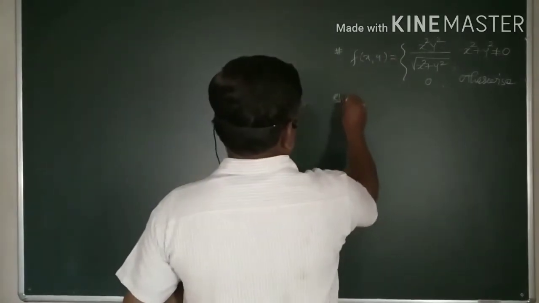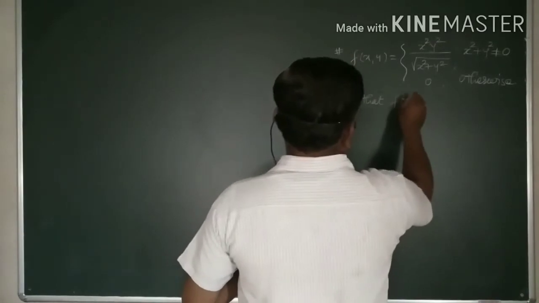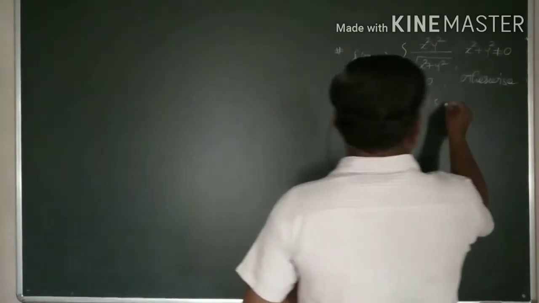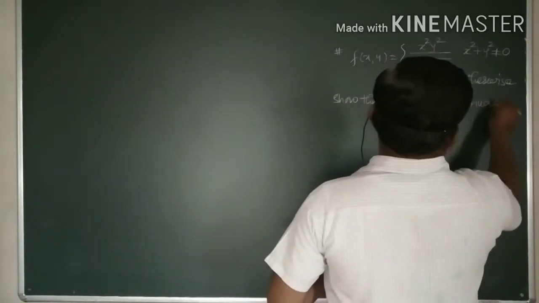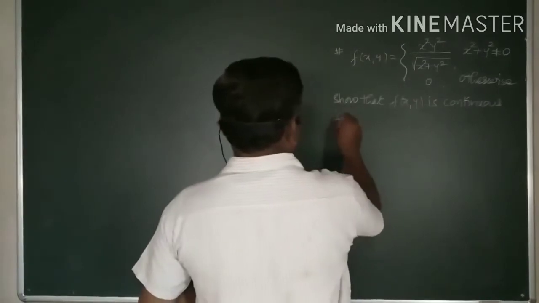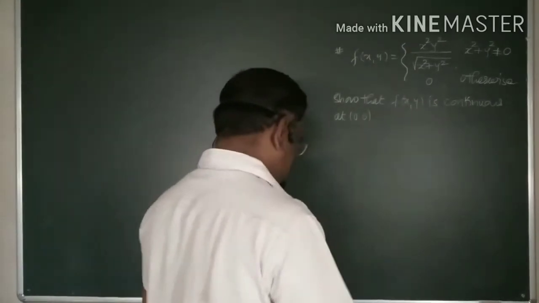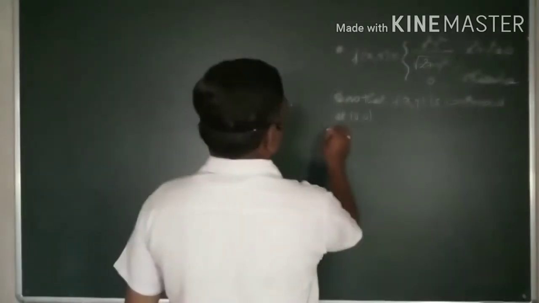Show that f(x, y) is continuous at (0, 0). This example is given. Now let us go for the solution of this one.